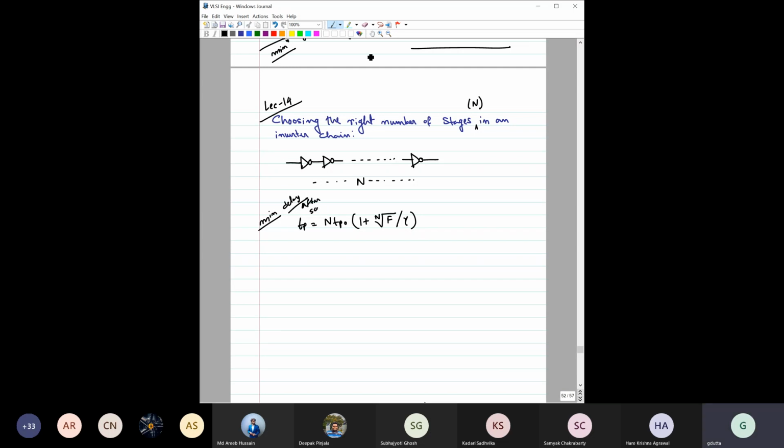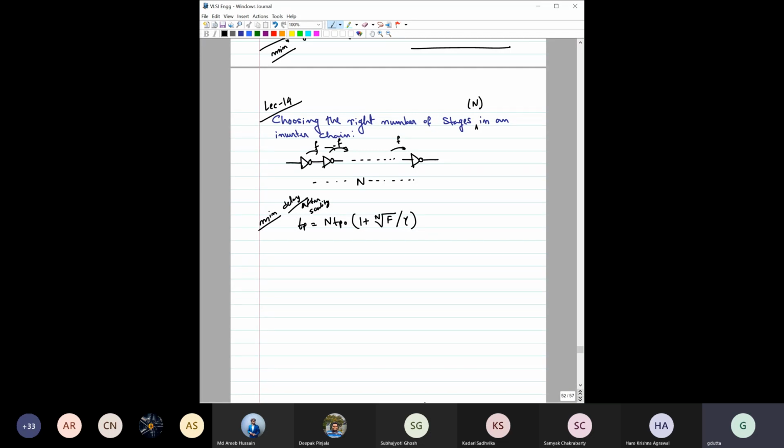scaling. Or you can say after scaling, because that is also not wrong to say, because scaling means we are scaling it by a factor of F. So if we keep on scaling by this F, then this is the minimum delay and this is the criteria. But what should be the criteria in terms of this n, right?